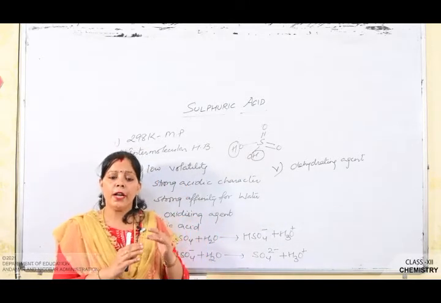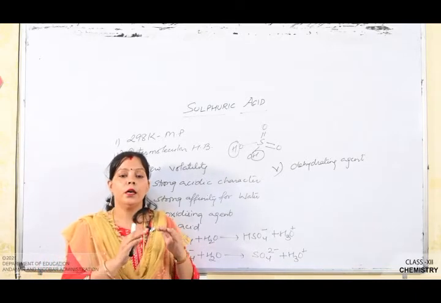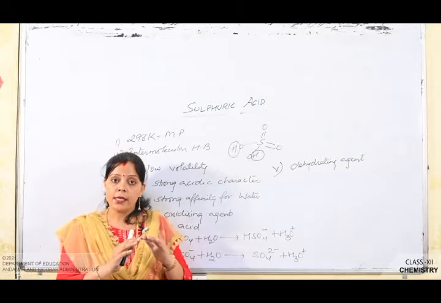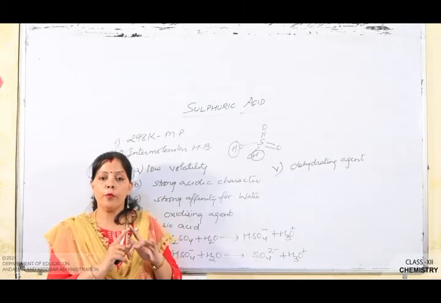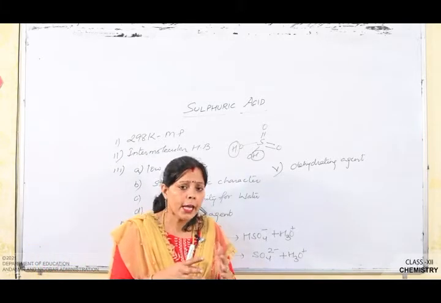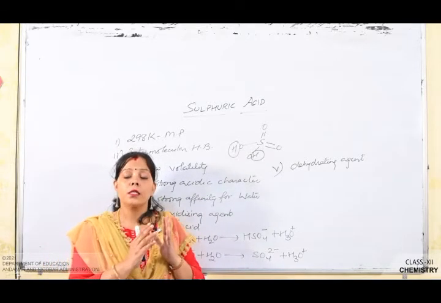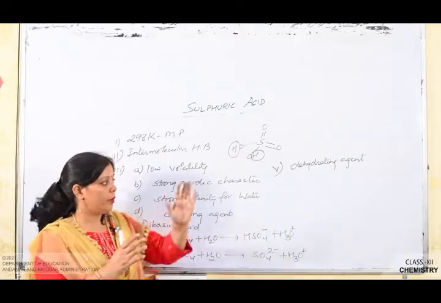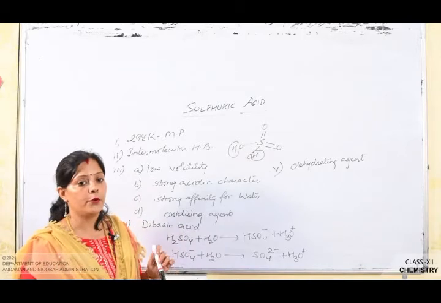So many wet gases can be dried by passing them through the H2SO4 solution, provided the gases do not react with the sulfuric acid. Sulfuric acid removes water from organic compounds like sucrose. So the charring action on sucrose can be carried out by treating the sucrose with concentrated sulfuric acid, and this is very important to describe the dehydrating action of the concentrated sulfuric acid.